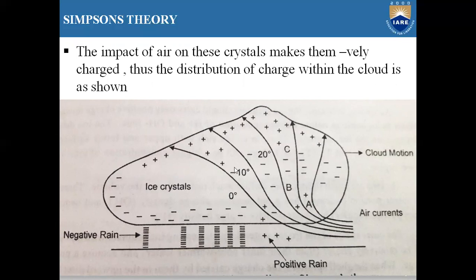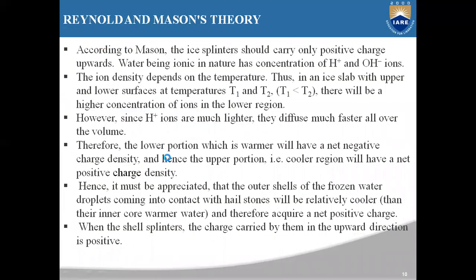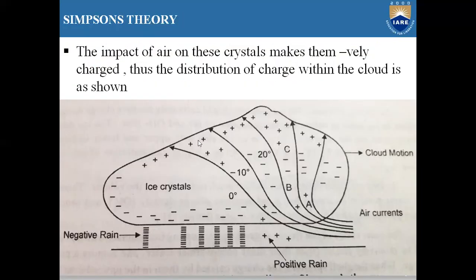So here you can see the cloud, and this is the cloud motion moving to this side. The air currents you can see as the arrow marks. These air currents, which travel at approximately 800 centimeters per second, disturb the distribution of charges, where the positively charged particles are on the top side of the cloud, as well as negatively charged particles at the bottom of the cloud.